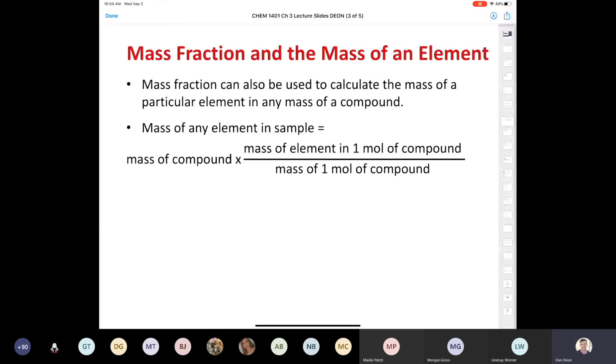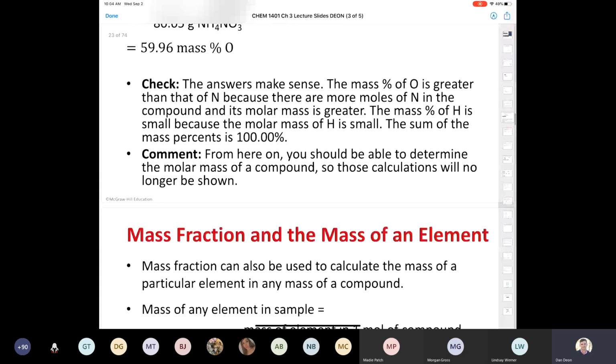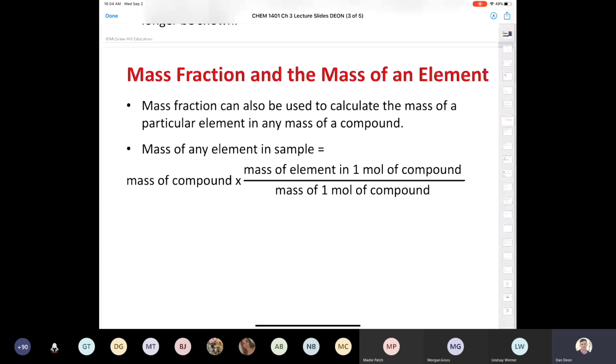So if I want to figure out the mass of an element in a sample, say we have a sample of a compound but we don't have a mole of it, we have less than a mole or more than a mole, what you do is take the mass of the compound and multiply it by this conversion factor: the mass of the element in 1 mole of a compound, which is what we just did, divided by the mass of the 1 mole of the entire compound.